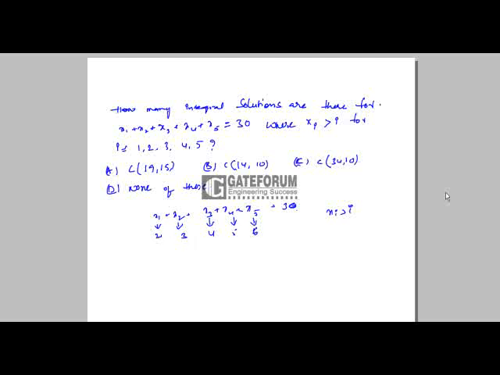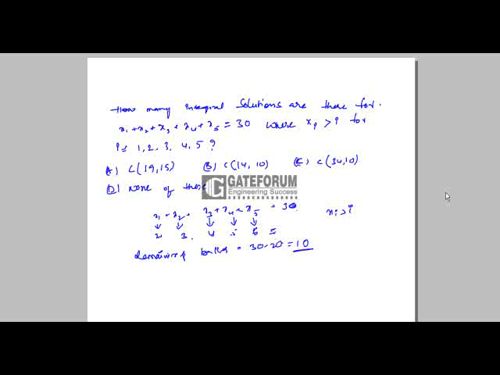So 2 plus 3 is 5, 5 plus 4 is 9, 9 plus 6 is 15, 15 plus 5 is 20. So out of 30 balls, 20 balls are already placed. Now the remaining balls are 30 minus 20 is equal to 10.